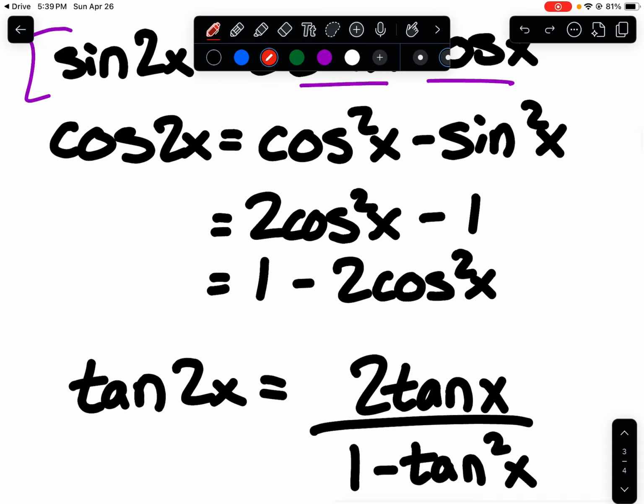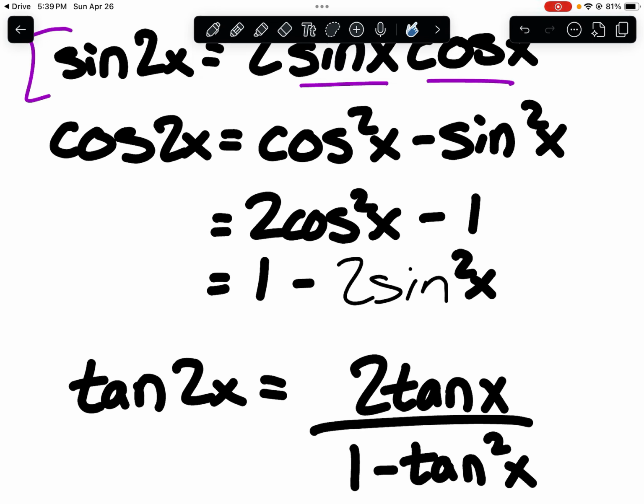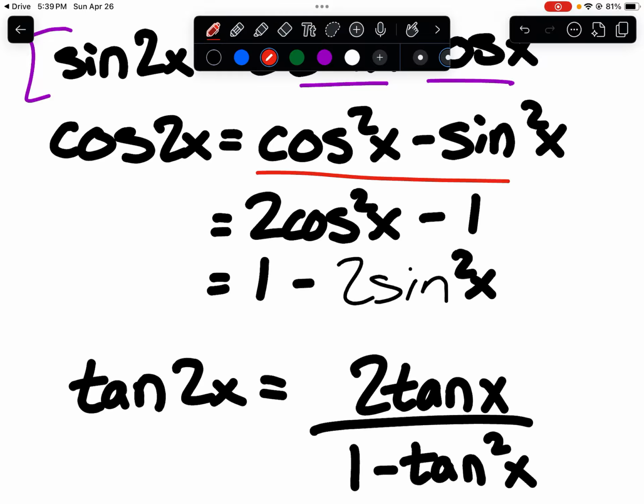Okay. If we then do cosine 2x, let me scroll up here real quick, because you've got 3 options for cosine 2x. You got cosine squared minus sine squared, you got 2 cosine squared minus 1, and then 1 minus 2 cosine squared. That's not quite right. That should be 2 sine squared x, my bad.